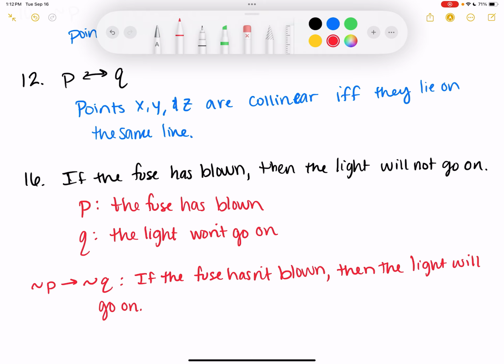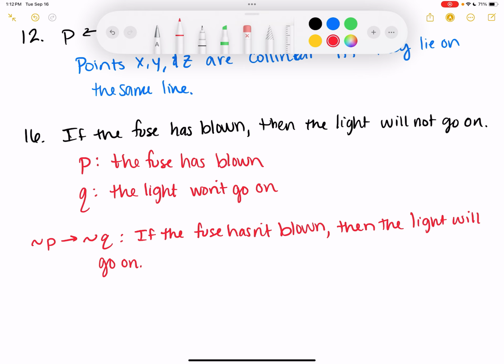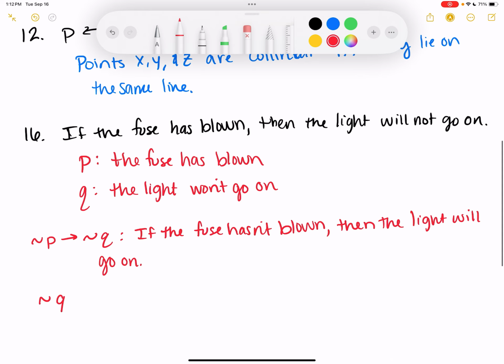All right, contrapositive is going to be not Q implies not P. So this would be if the light will go on, then the fuse has not blown.